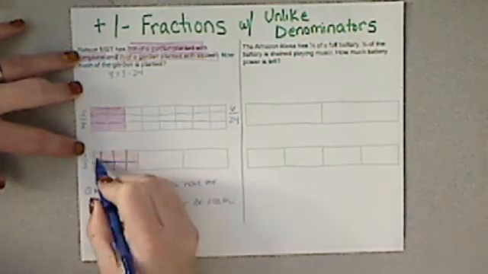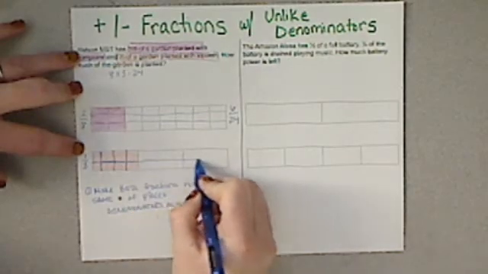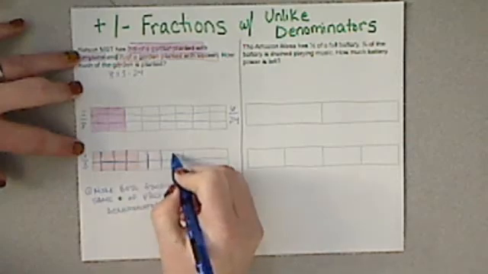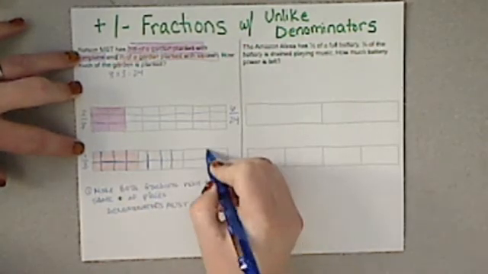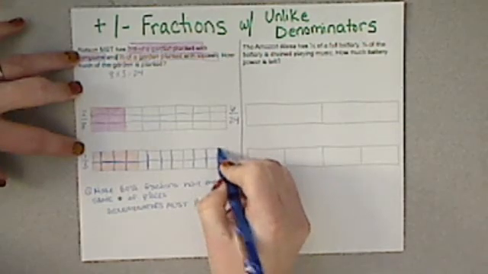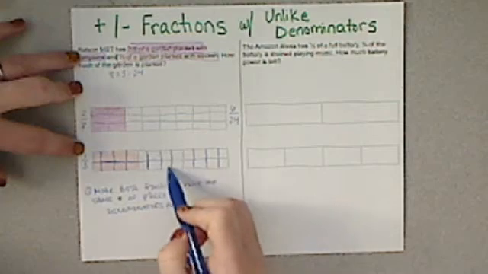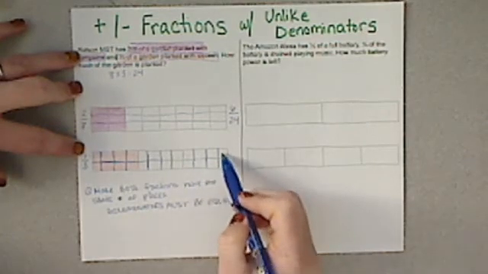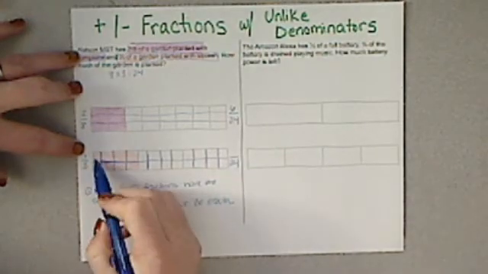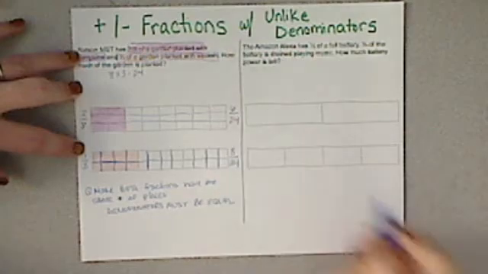So 1, 2, 3, 4, 5, 6, 7, 8. Perfect. Now I'm just going to carry this line all the way down. There's 2, and that makes 8. So I now have 2, 4, 6, 8, 10, 12, 14, 16, 18, 20, 22, 24. So I have 24 pieces, and 8 of them are shaded.